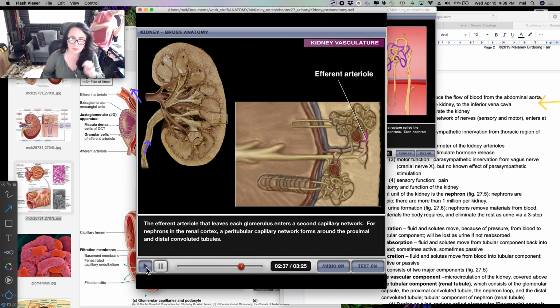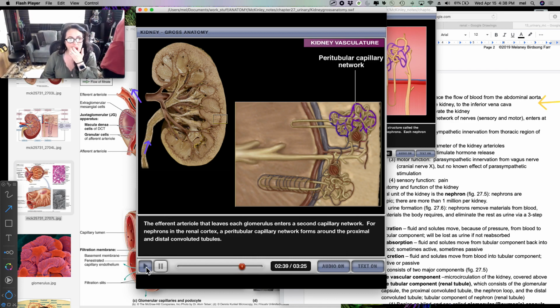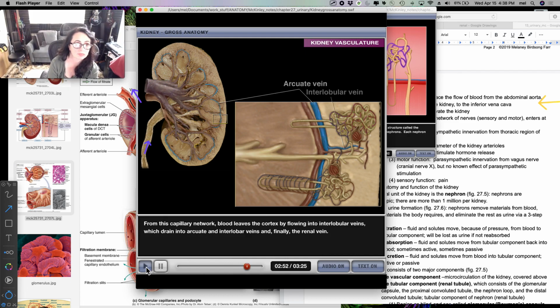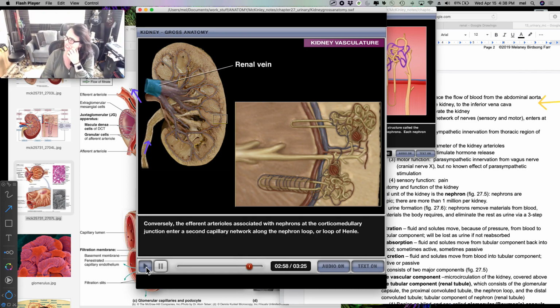For nephrons in the renal cortex, a peritubular capillary network forms around the proximal and distal convoluted tubules. From this capillary network, blood leaves the cortex by flowing into interlobular veins, which drain into arcuate and interlobar veins, and finally, the renal vein.